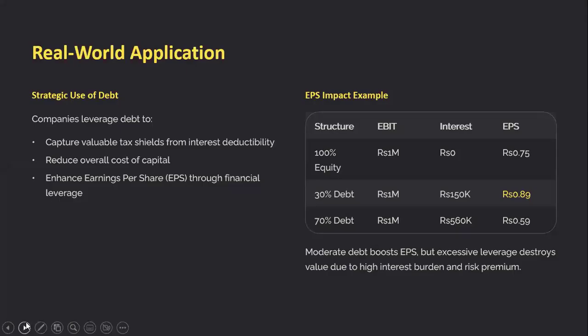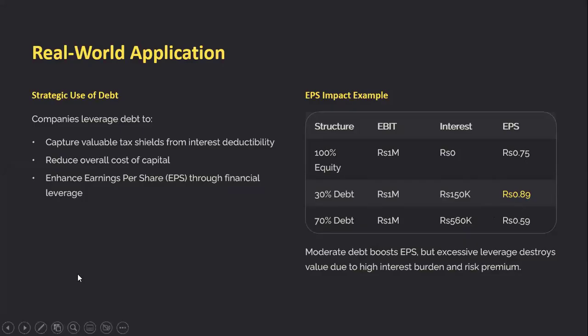So, just a small example. If I have a combination and I have risk, then I find out earning capacity. In this example, we say 100% equity, or I take 30% debt or 70% debt, and the earning per share changes. When 100% equity, earning per share was 75, but when I have 30% debt, earning per share increases.